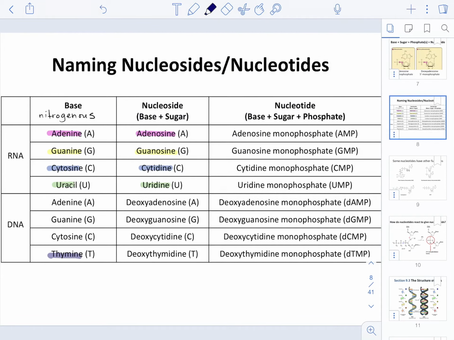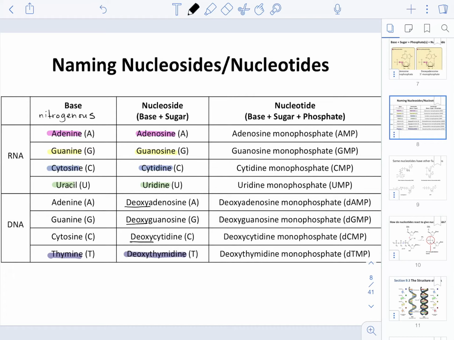And thymine turns into deoxythymidine, because remember, the sugar that thymine is bonded to is a deoxyribose. So a thymidine needs to have the word deoxy because of the sugar motif that is bonded to it in the case of a nucleoside. So that's why, as we see the adenosine, guanosine, and cytidine in DNA, they all have the word deoxy.